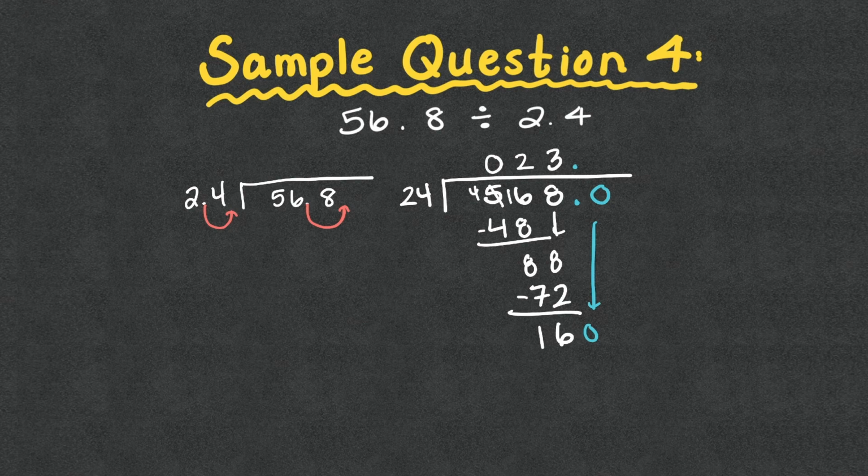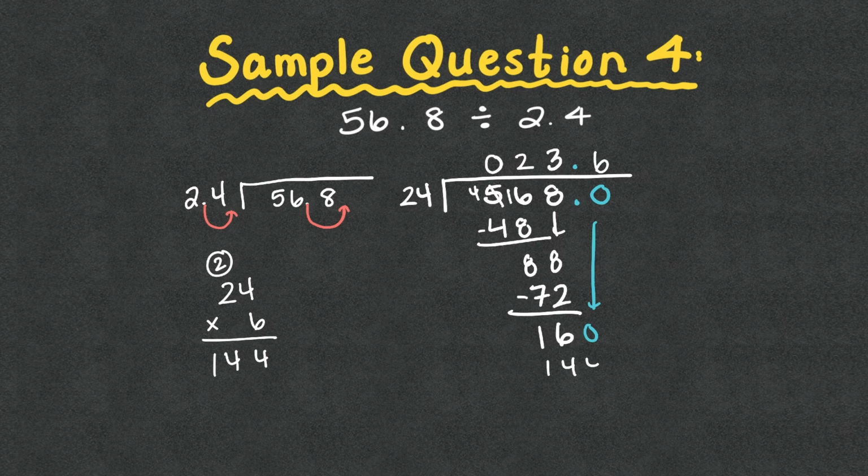So 24 times 6. 6 times 4 is 24. Now I'm seeing what number works so that I don't make a mistake. 6 times 2 is 12, plus 2 is 14. So that's 144. That's going to work. So that's a 6.